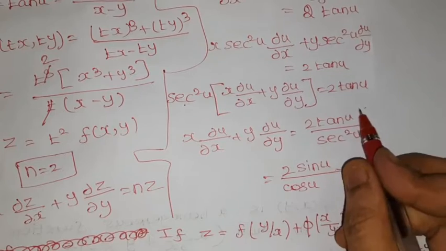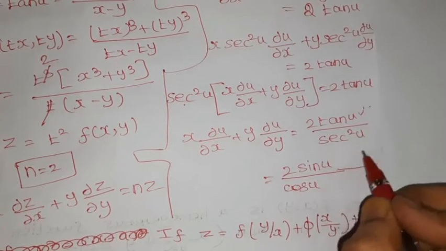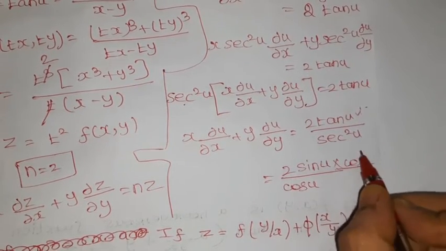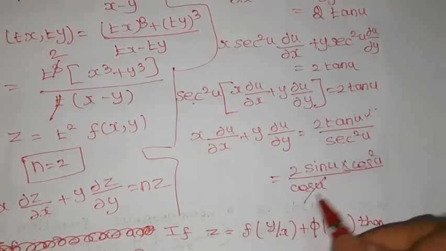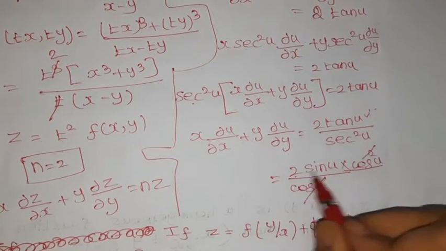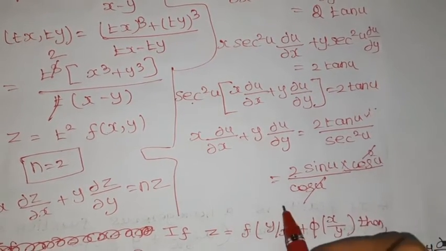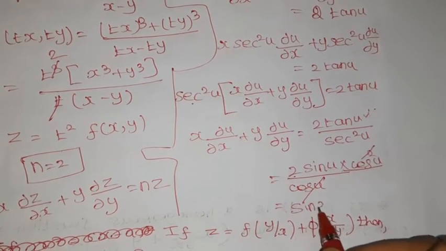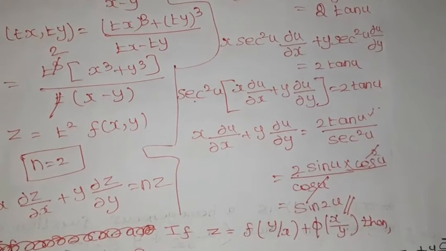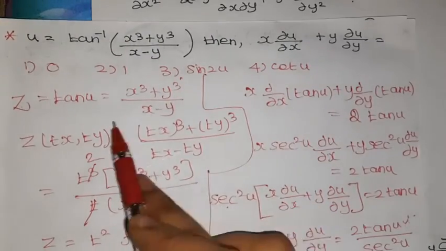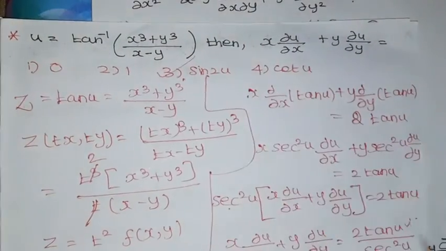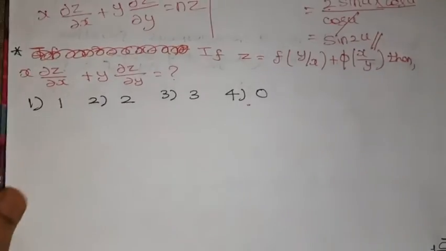In the denominator, 1 by secant squared u is nothing but cos squared u, so it is in the numerator. Can we write like this? Yes. Then cancel this one and this one. Then 2 sin u cos u can be written as sin 2u. So x ∂u/∂x plus y ∂u/∂y equal to sin 2u. So what is the answer? Option 3, sin 2u is the right option.